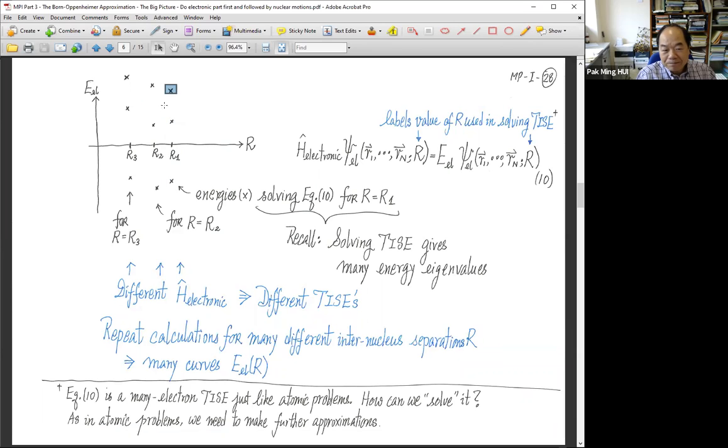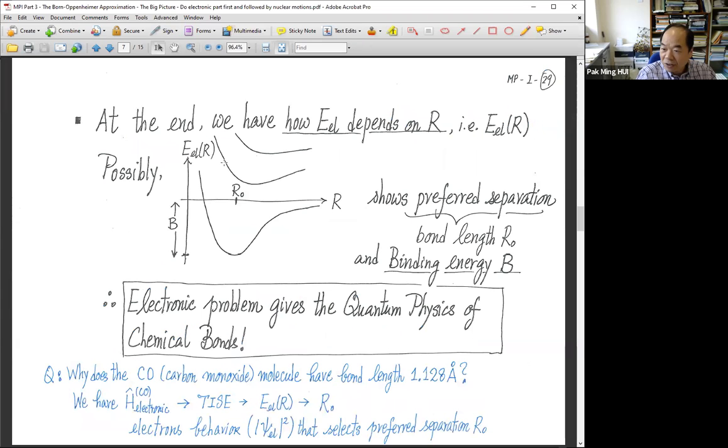You dot it here. R2, then you get many eigenvalues. You dot it here. R3, you do it, many solutions, okay? You keep on doing that for many values of R. Guess what is the end result? You see something like that, okay?